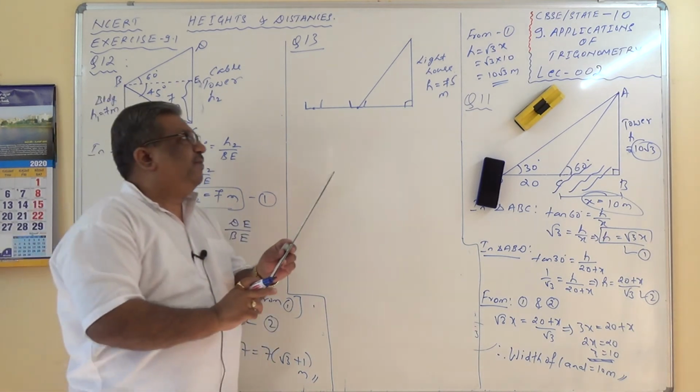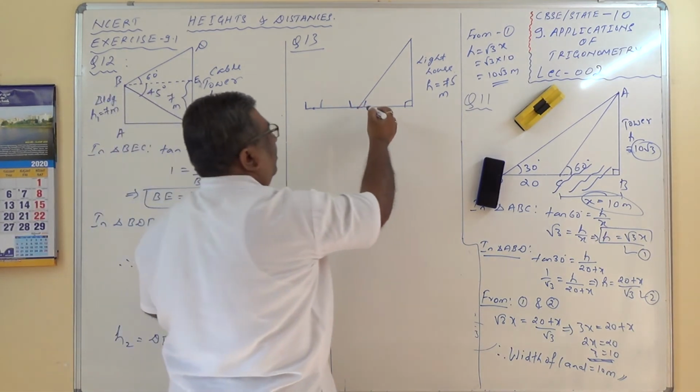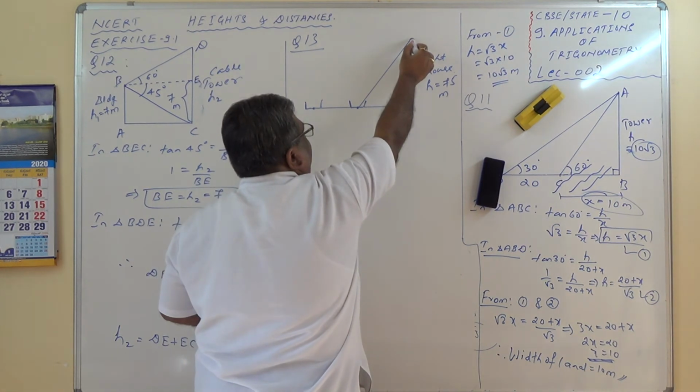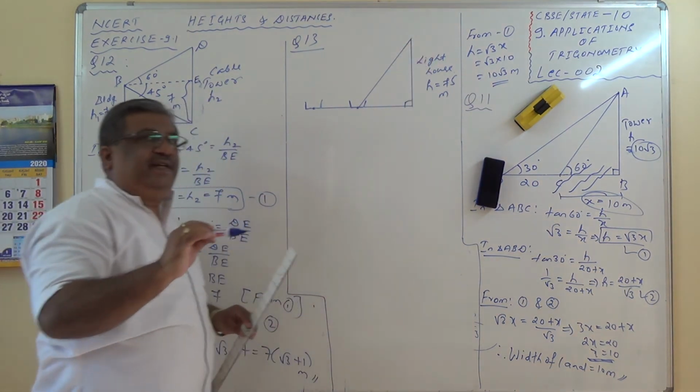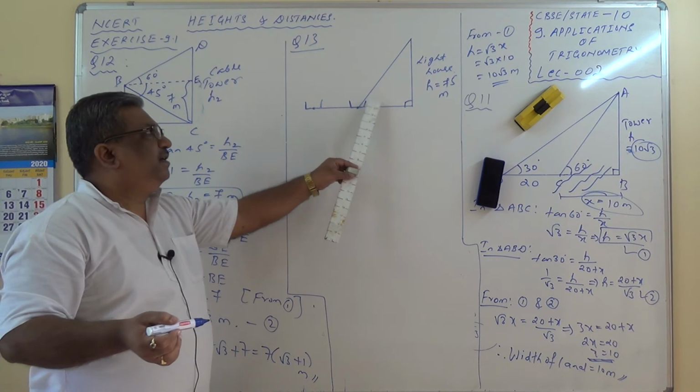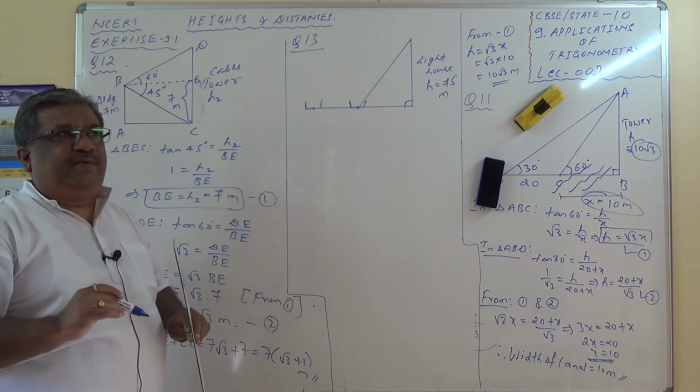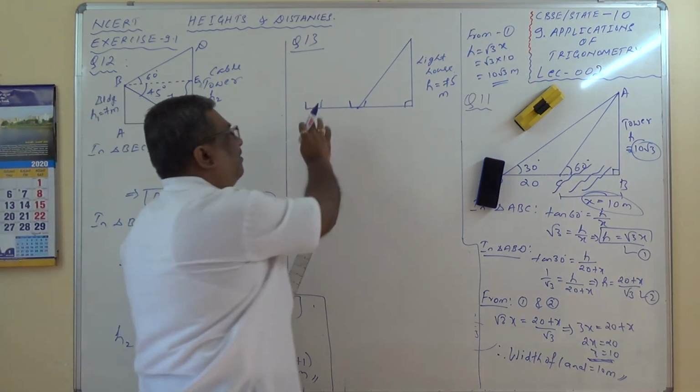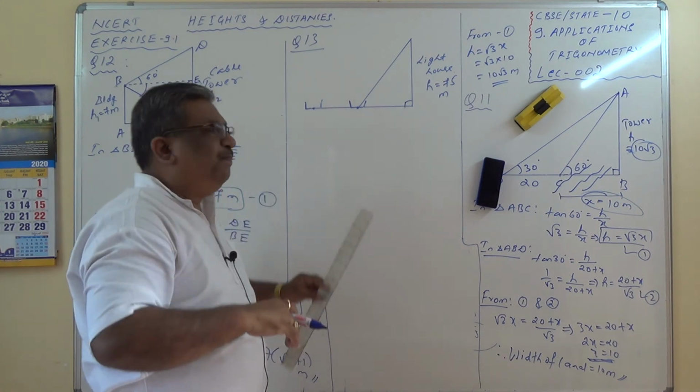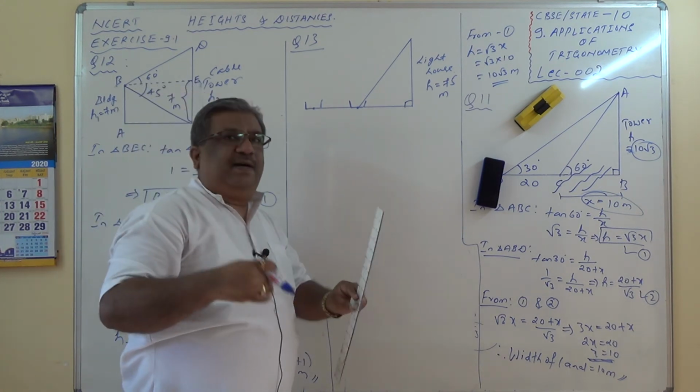Now you identify the angle of depression, that means if you observe from the top here, angle of depressions are 30 degree and 45 degree. Which one is 30 degree, which one is 45 degree we need to identify. The farther ship will make a smaller angle and the nearer ship will make a larger angle.